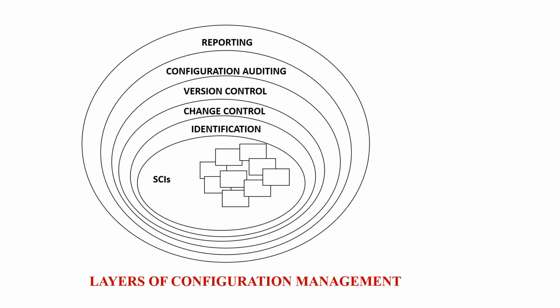The change control and version control are used to control the various changes in the operating systems or in the platforms or in the various versions of the software. And the next is the configuration auditing. It will be relying on the cost of the software maintenance and software development. And the last will be reporting. That will be the documentation portion or the reporting portion to the various management issues.